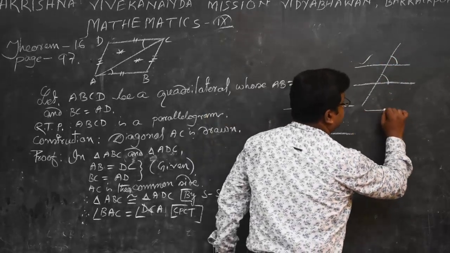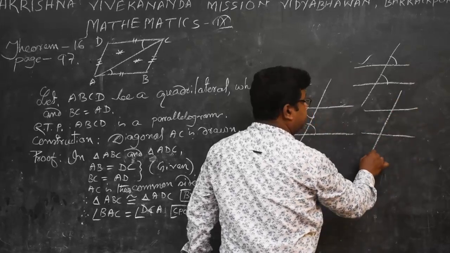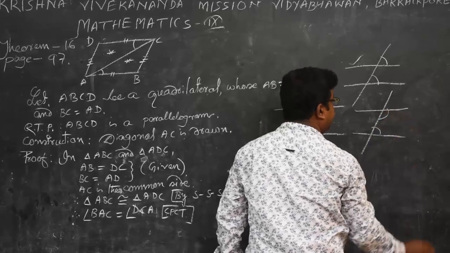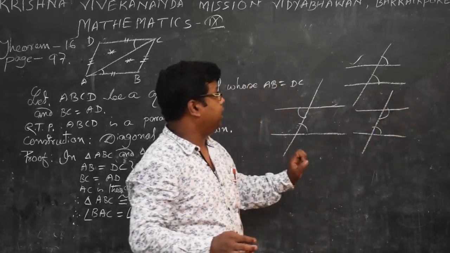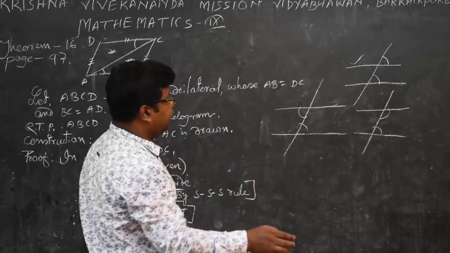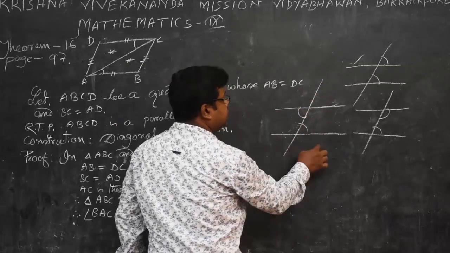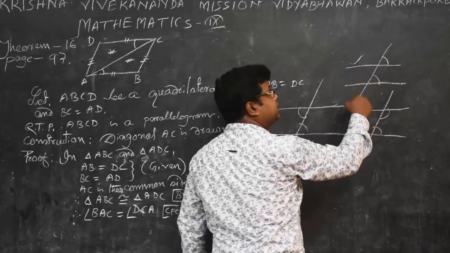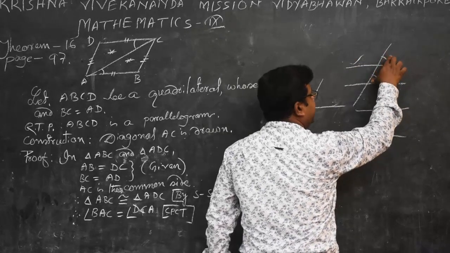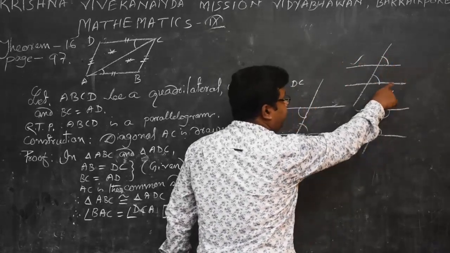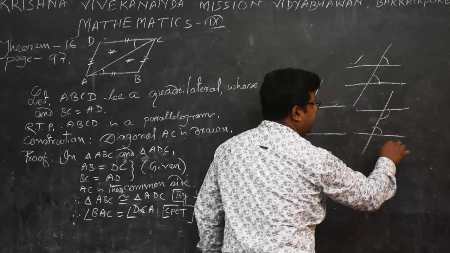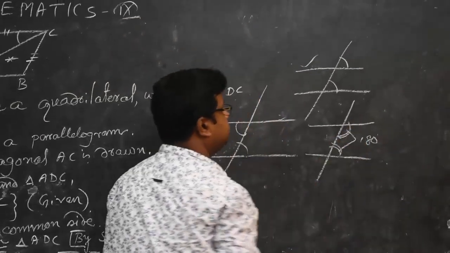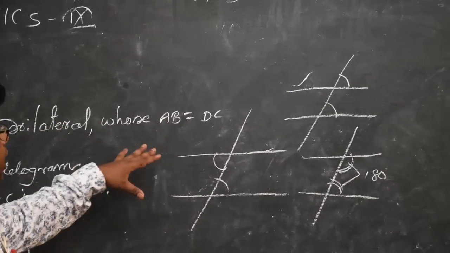If a transversal cuts two lines and the sum of the two co-interior angles is 180 degrees, that is, they are supplementary, then the first two lines will be parallel. So in these three cases, the lines will be parallel.